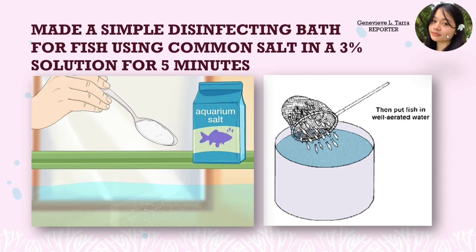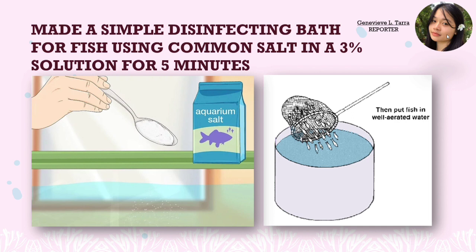And lastly is to make a simple disinfecting bath for fish using common salt in a 3% solution for 5 minutes. Ordinary table salt or sodium chloride is a useful remedy for the prevention and treatment of several freshwater fish diseases.